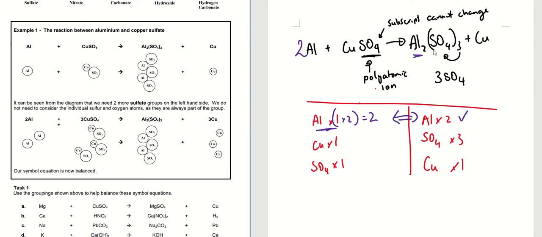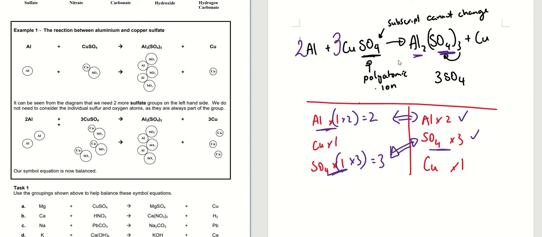The next bit we have here, the copper is balanced on both sides, so we don't need to do anything with the copper, but you can see we have 3 sulfates here, and we only have 1 sulfate here. So what I need to do is put a 3 in front here. That gives us 3, and that's now balanced.